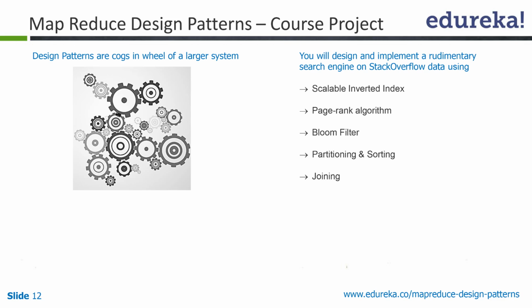But these patterns will help you resolve some of those problems. And as part of this course, you will do an implementation of the PageRank algorithm, so the graph algorithms in MapReduce. There are a few more. We can talk about these things when we get to the course.